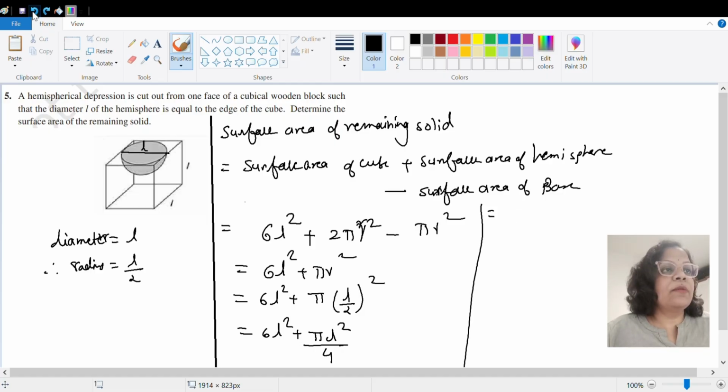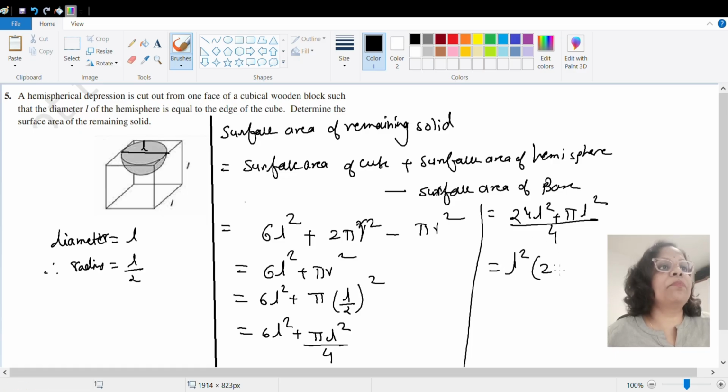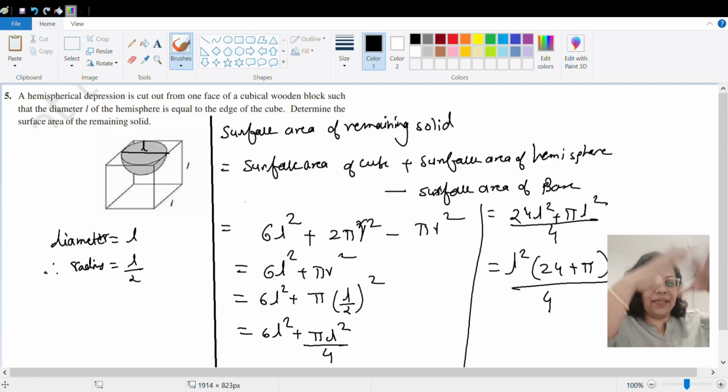So this becomes 4 down, and this is 24 L square plus pi L square. So you can take out L square common, and it becomes L square times (24 plus pi) by 4 square unit because it's an area. Okay, so just remember, when it is surmounted it means it is there up. Okay, and it is a scoop also, that means that part is not there, right?